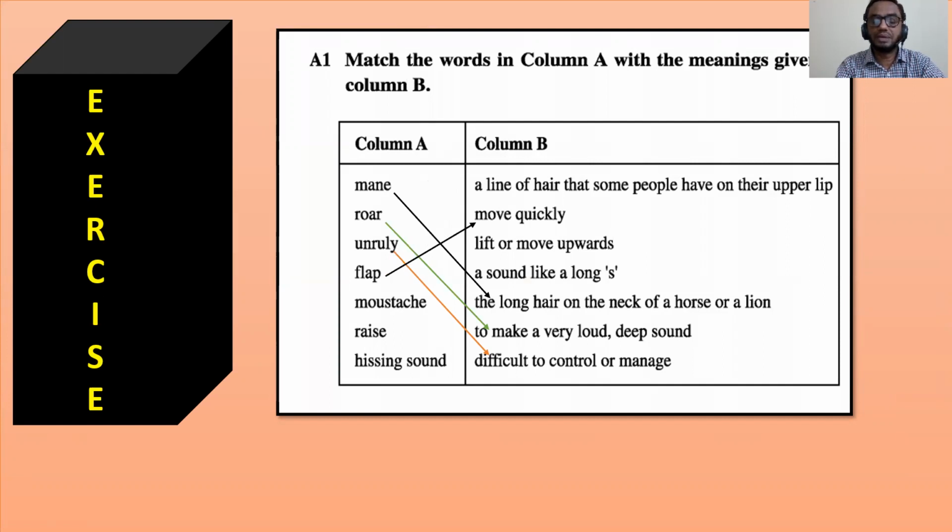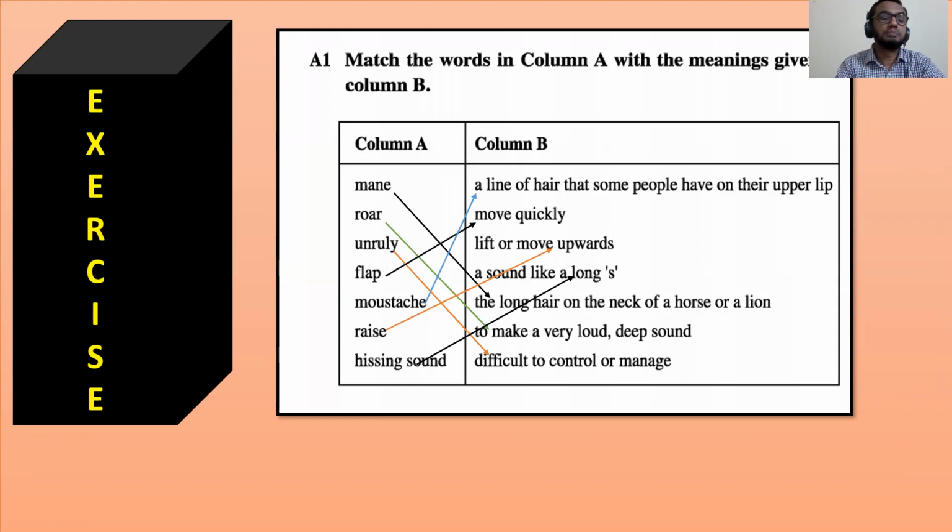Okay, mustache, a line of hair that some people have on their upper lip. Okay, raise, lift or move upwards. Hissing sound, that means a sound like S. Can you understand? Very good. All of your answers are correct? Fine.